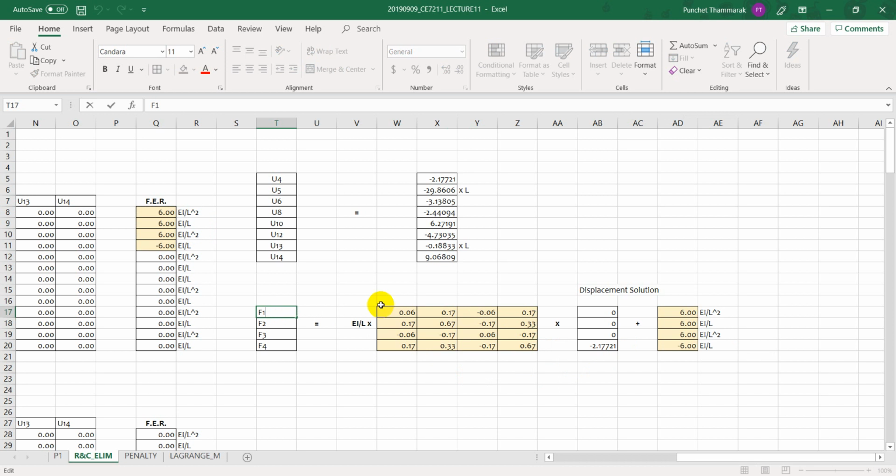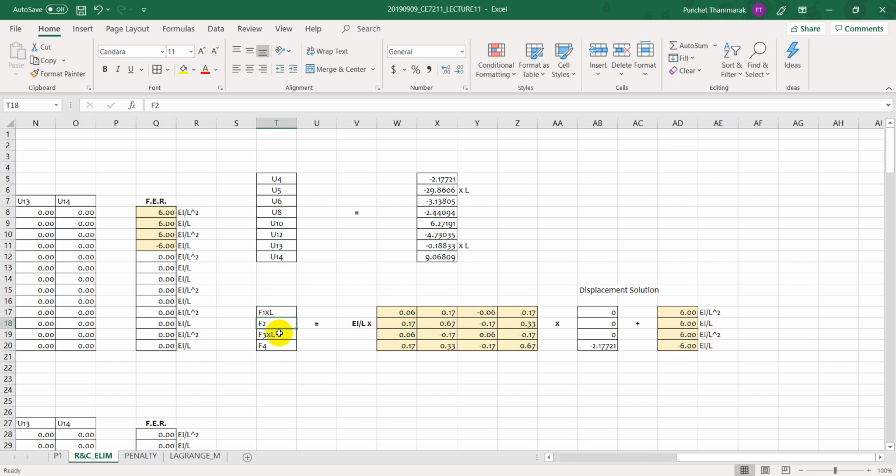Basically, previously we scaled the force equation by L, so we end up with units that are consistent throughout the four equations. Force by L, you get the moment equation.